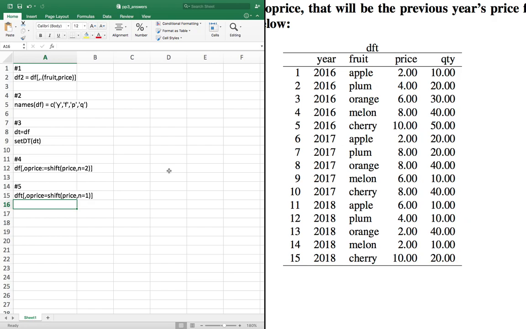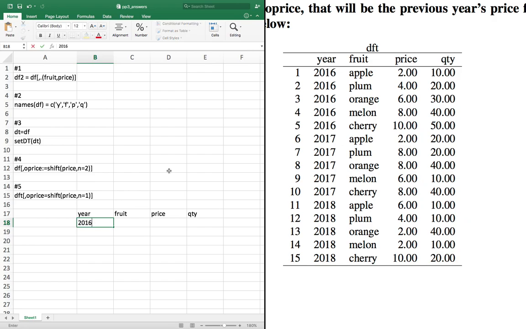How do we get the previous year's price? We need to break the fruits up into subtables, and then we can take the previous year's price. For example, let's visualize a subtable for Apple. It would literally be year, fruit, price, quantity. If we made subtables by each unique fruit, the first unique fruit is Apple.